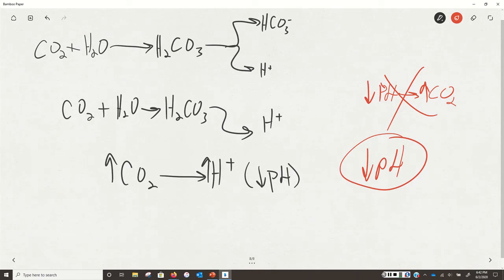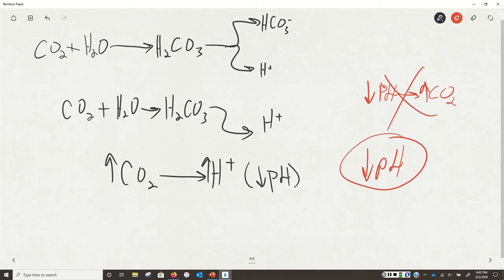Please keep that in mind. Whatever CO2 does, pH does the opposite. But just because something happened to pH does not mean that CO2 is the cause. So if I told you someone had a drop in pH, and that's all that I told you, you don't know anything at all about their CO2 levels.